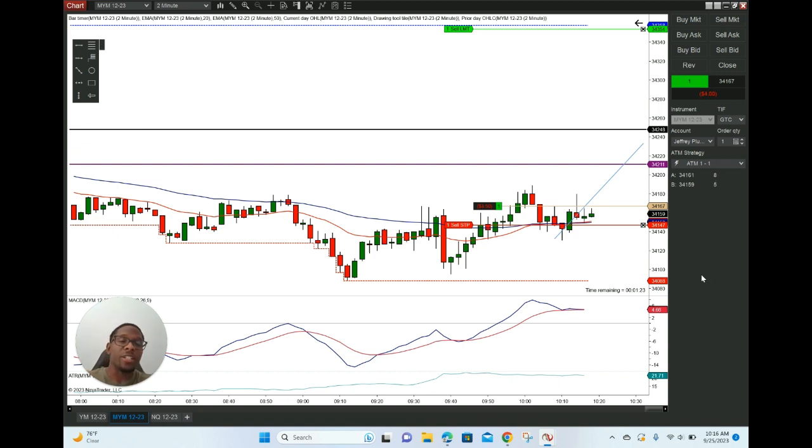I think I got stuck in the range. Let's see. I think I got stuck in the range. I'm still where I want to be, though, at least with my exit. Yeah, I'm still where I want to be with my exit.